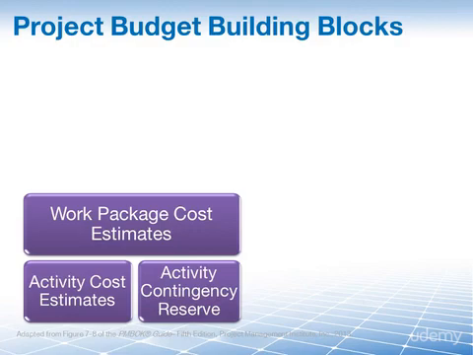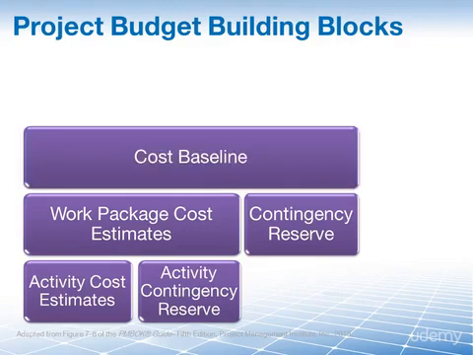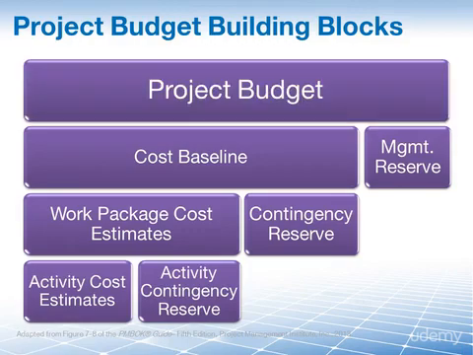These work package cost estimates, along with the contingency reserves, are combined and accumulated on different control accounts, which in turn sum up to our cost baseline. The cost baseline and management reserve will now make up your project budget.